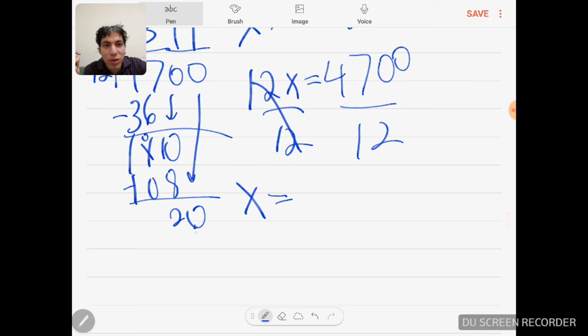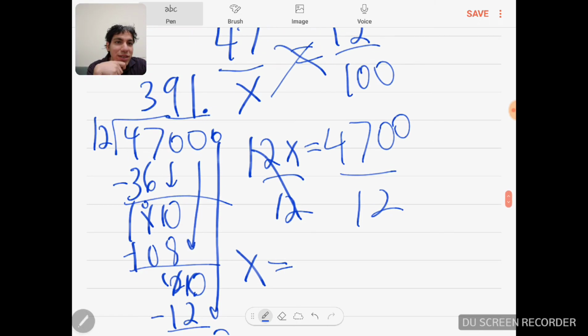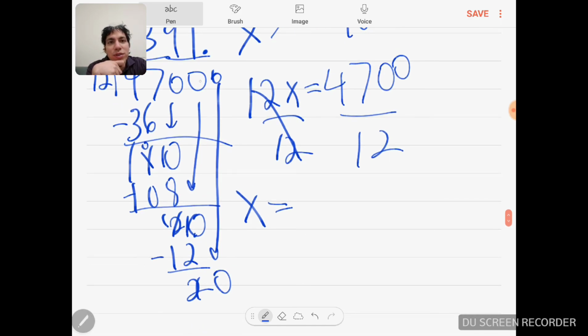12 goes into 20 once, right, so I subtract, I get a 2. Put a decimal, add a 0, bring down a 0. Therefore, oh wait, I made a mistake. Hold on, I made a big mistake. 12 minus 8 is not 2. 10 minus 2 is 8.